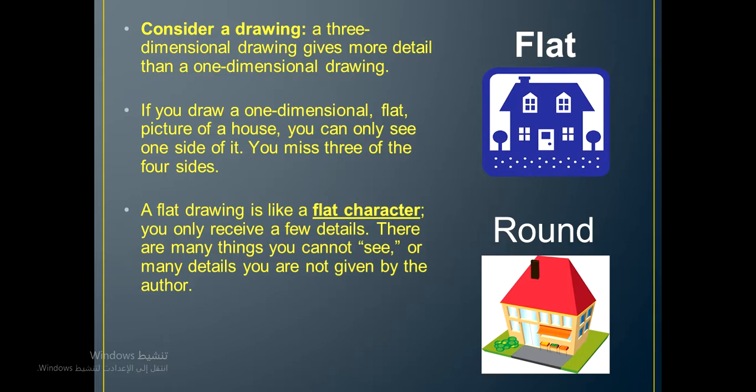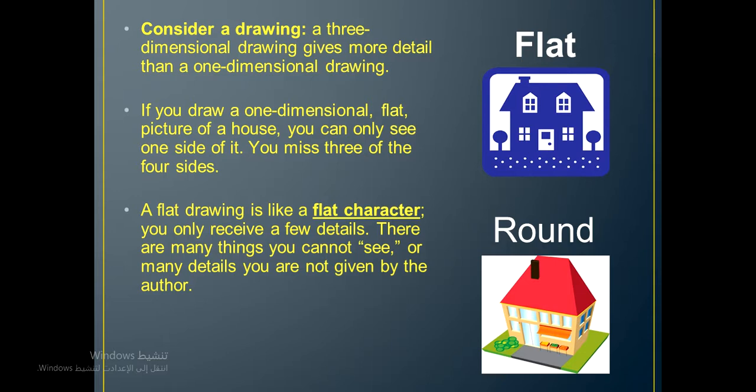Consider a drawing. Now let's look at these two drawings: the flat drawing with one dimension and the round drawing with more than one dimension. Now, which seems more clear to you? Well, a three-dimensional drawing gives more detail than a one-dimensional drawing.